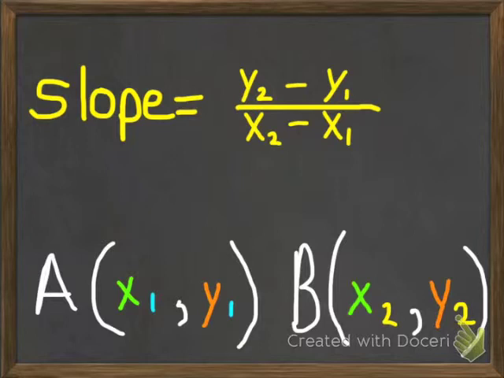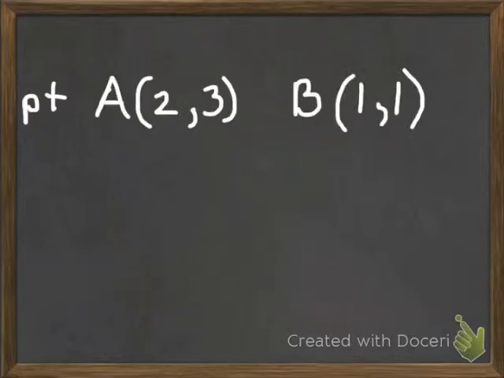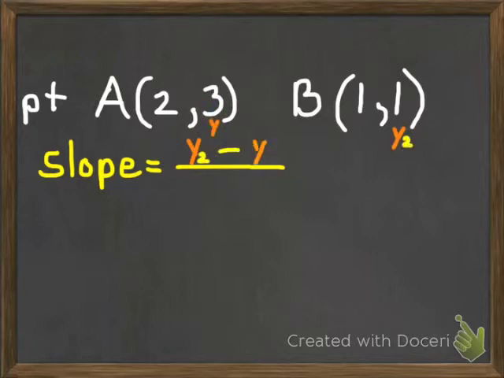So let's look at how we can do these types of problems. Let's say we have 2 points. We have point A, which will be 2, 3, and then we have point B, which will be 1, 1. Looking back to our equation, remember it's y2 minus y1 over x2 minus x1.